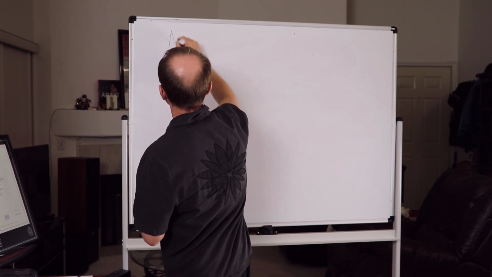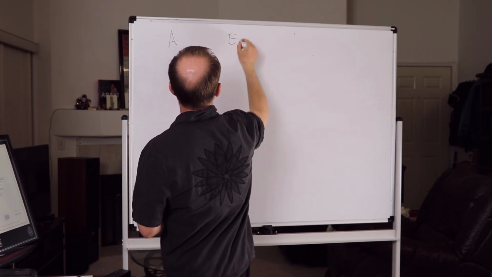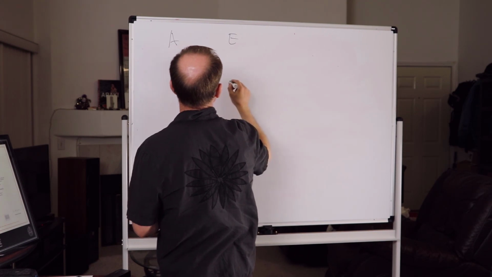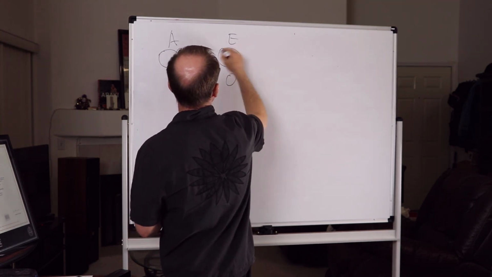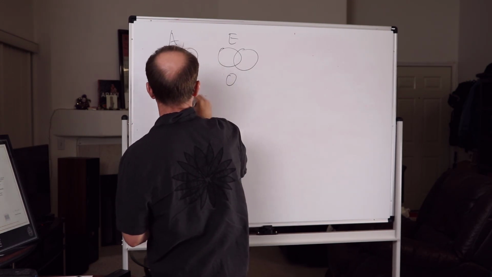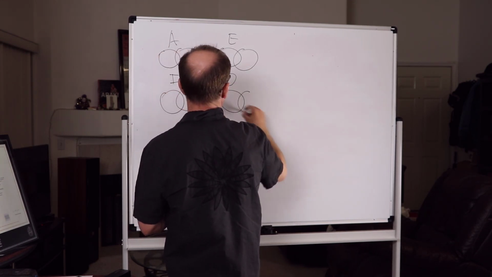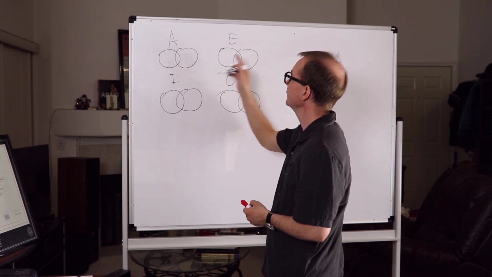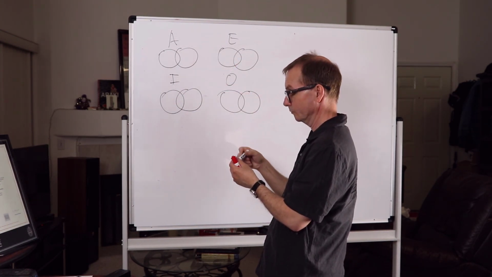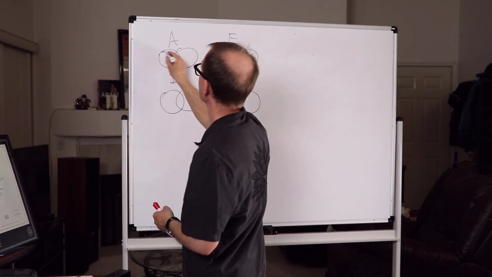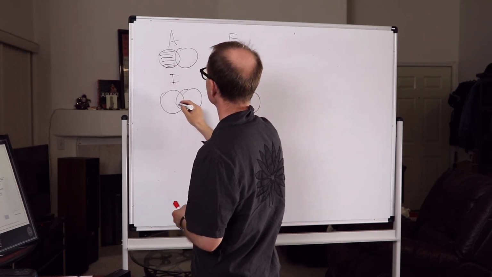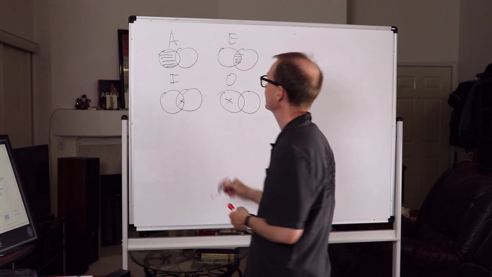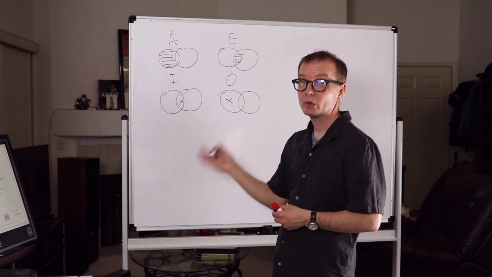We had A, E, I, and O. In all 4 cases, we were drawing the circles. The circles for Boolean were shaded here and here, and we had X here and X here. This is our drawings. Remember what they mean.